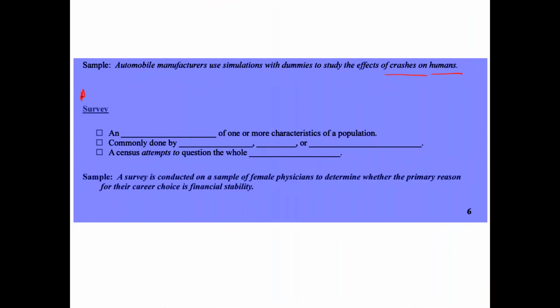The last one is probably the most common one, and this is the one where you go out and use surveys. So it's basically an investigation of one or more characteristics of a population. It is commonly done by interviews over the internet or phone or email.